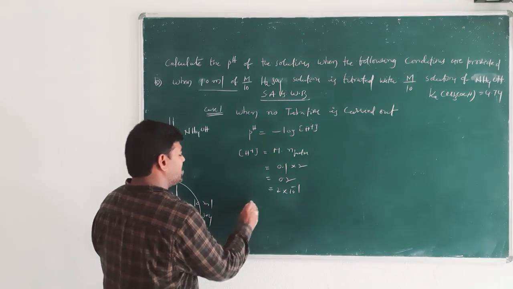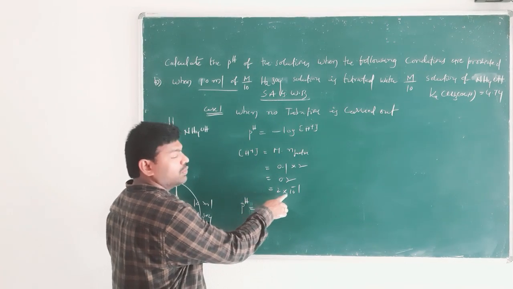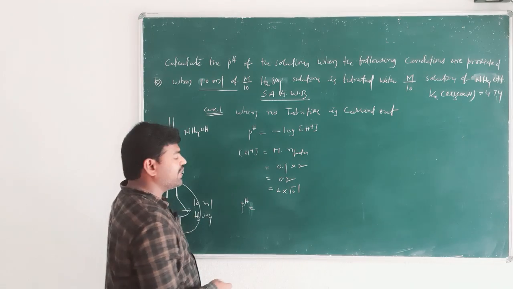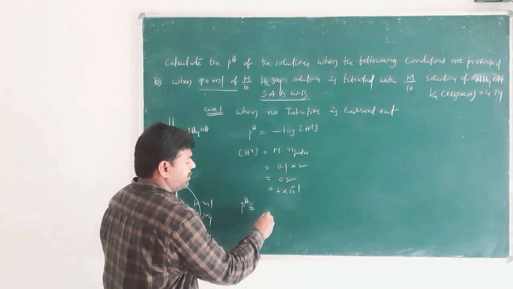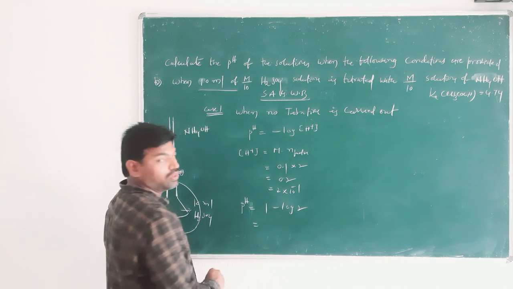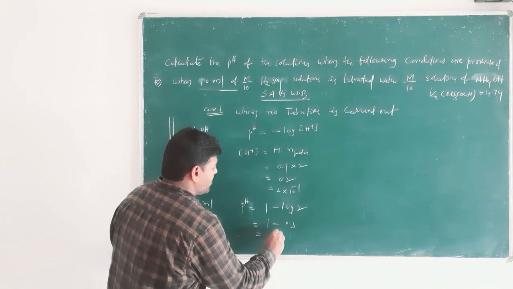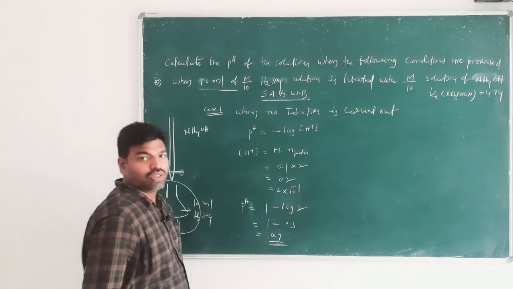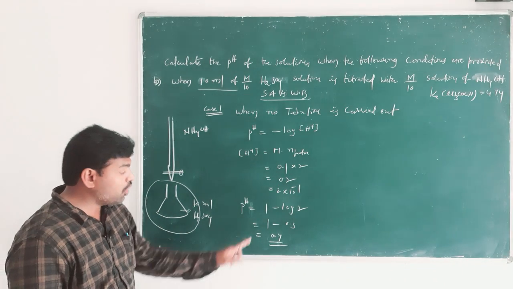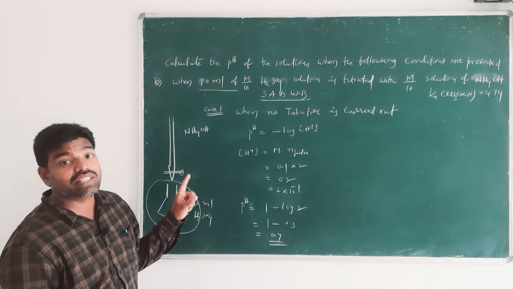So, pH is equal to 1 minus log 2, that is 1 minus 0.3, which is 0.7. So, the pH of the solution is 0.7.